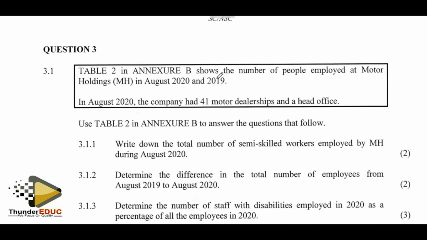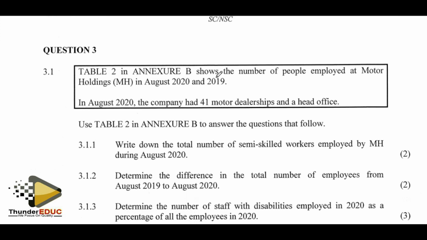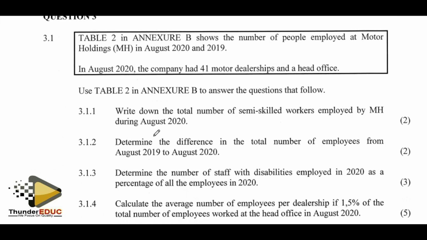Question number 3. Question number 3, it says we are going to use an annexure. Write down the total number of semi-skilled workers employed by MK during August 2020.